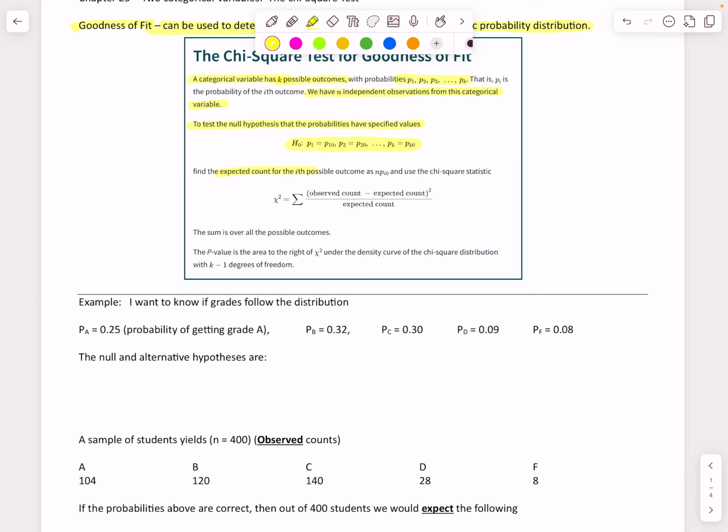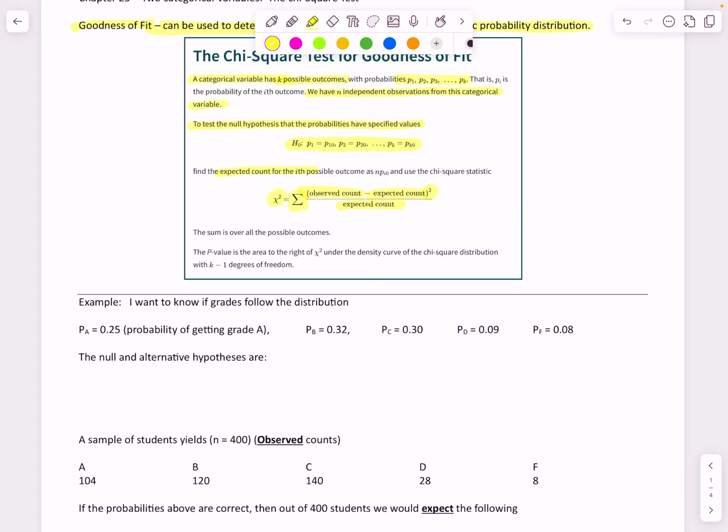We take how many we actually got of each outcome, subtract what we expected, square the difference, and divide that by what we would expect, and then add them all up.